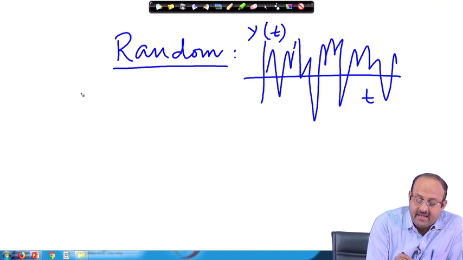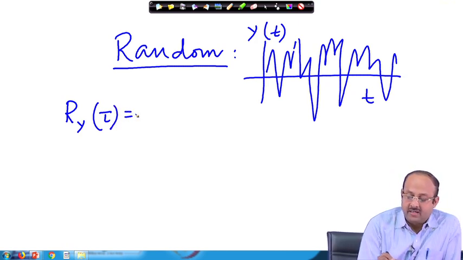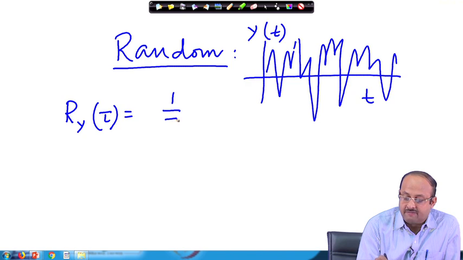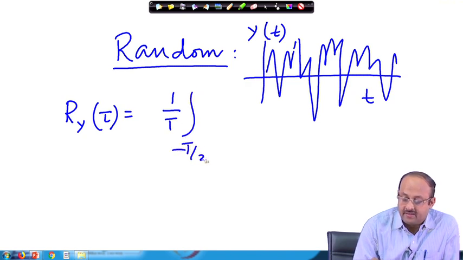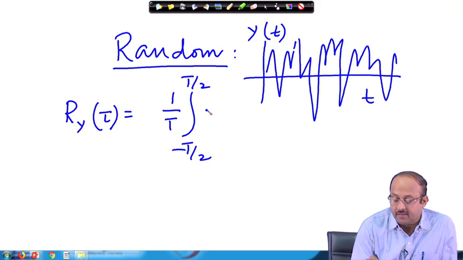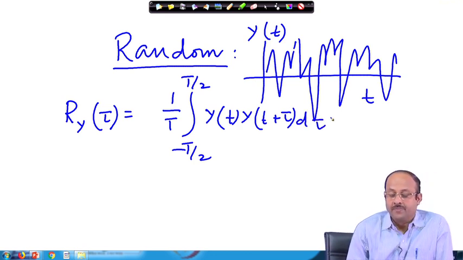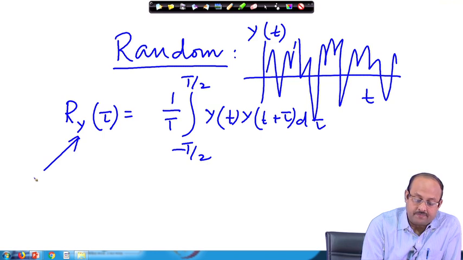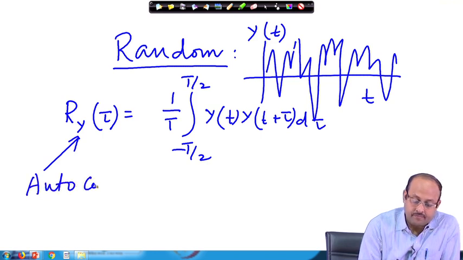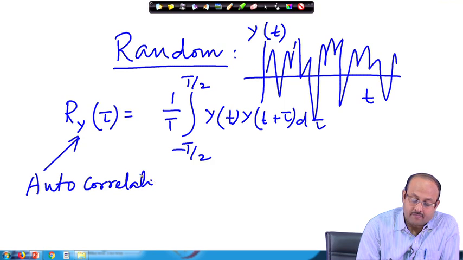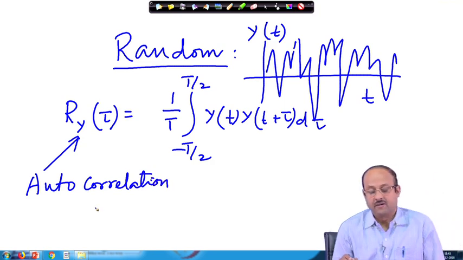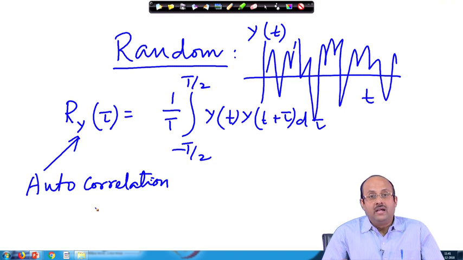If we consider a function known as the autocorrelation function, it is defined this way: r(tau) is the limit of 1 by T times the integral of y(t) y(t plus tau) d tau, and this is the autocorrelation function. This autocorrelation is a very well behaved function.